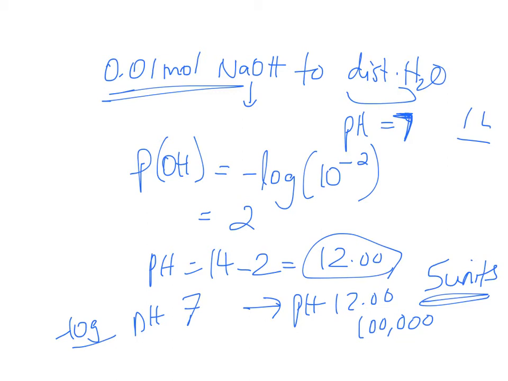So that's pretty remarkable. That's pretty significant. So realize that a buffer did not allow a change more than 0.05 units, whereas water, doubly distilled water, or deionized water, will jump from 7 to 12 because of the absence of a buffer in that scenario.